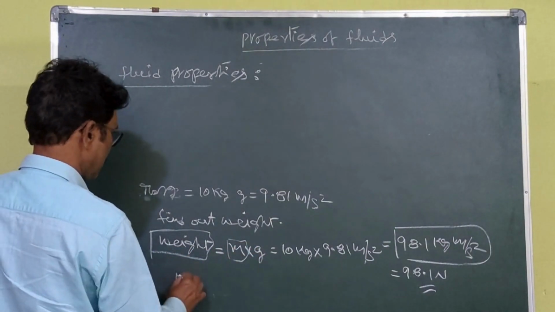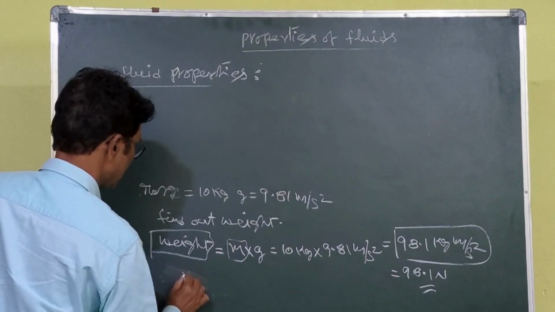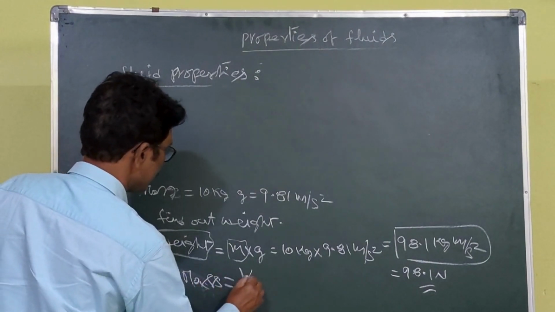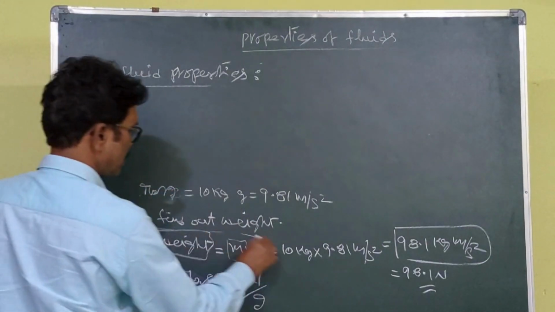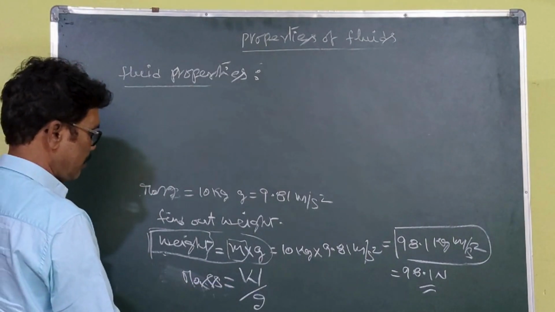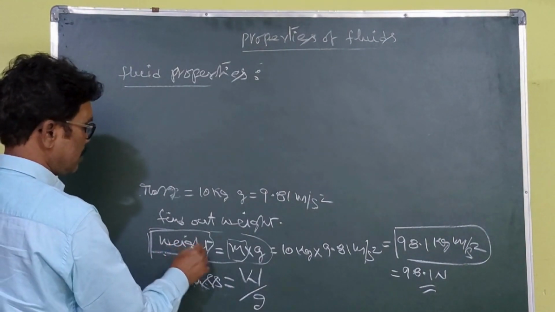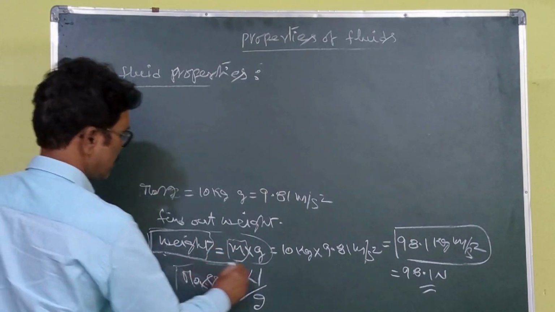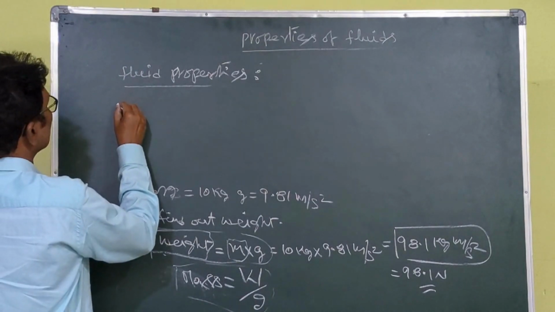So mass equals weight by g. Because g is constant, we know that it is 9.81 meter per second square, from this equation if you give the weight, we can find out the mass.